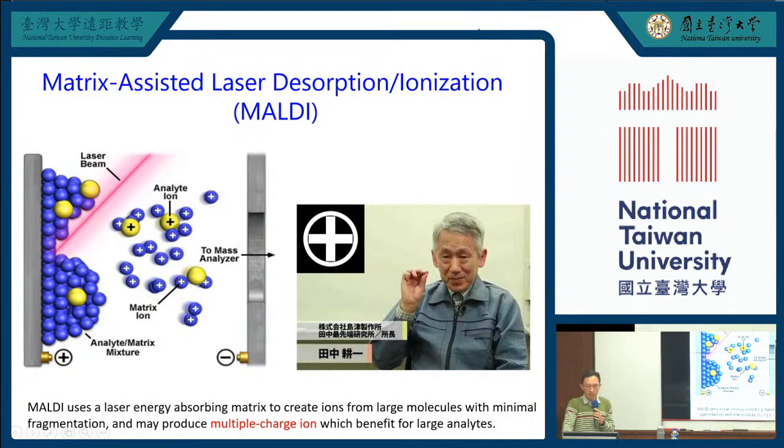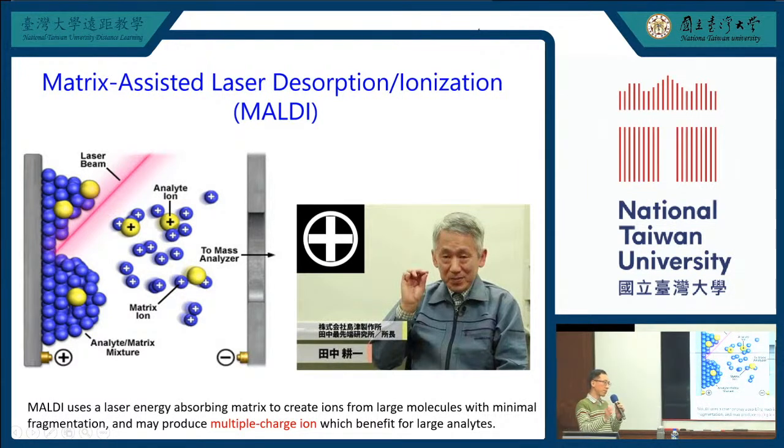MALDI uses a laser-energy-absorbing matrix. The blue one is the matrix, and the yellow one is the analyte. The laser induces a charge on the matrix, and then this charge transfers to the analyte, and the analyte is detected by MS.